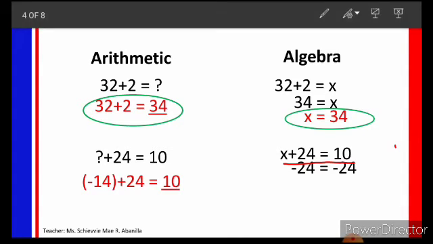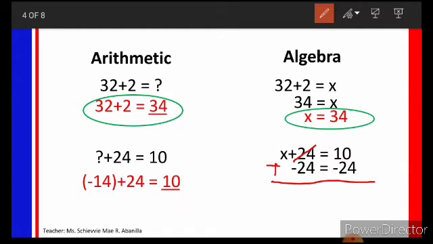Okay, in algebra, in order to eliminate the numbers on this side, and para maiwan si x, you have to add something to this number, which is that 24, to make it 0. So when we add negative 24 on both sides, this will make it 0. And then we can now have x is equal to 10 minus 24.